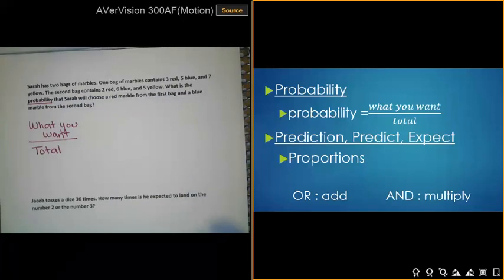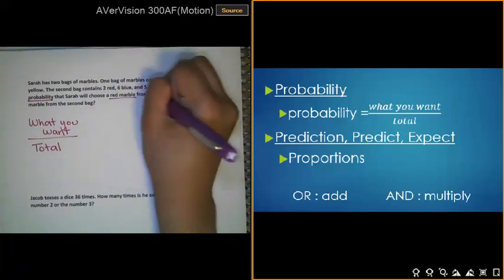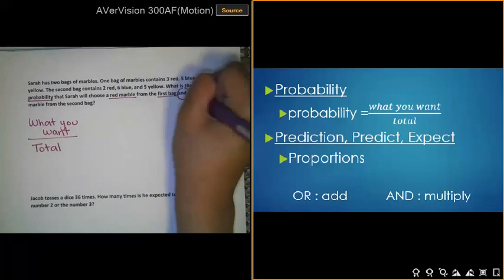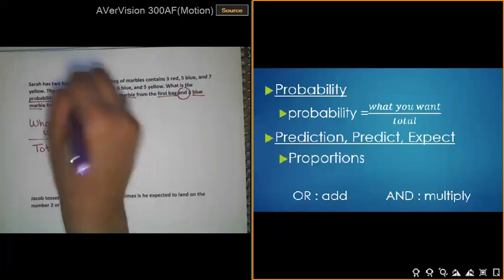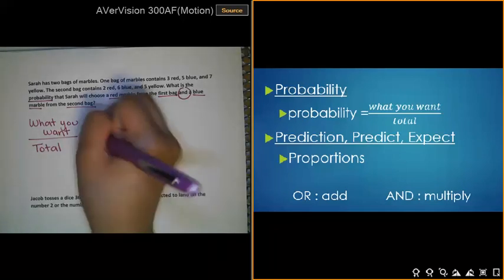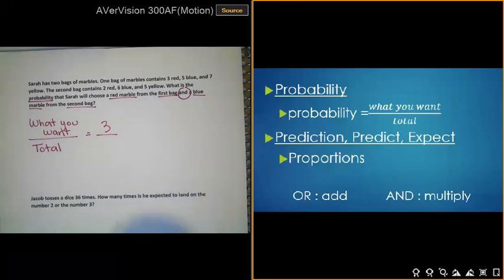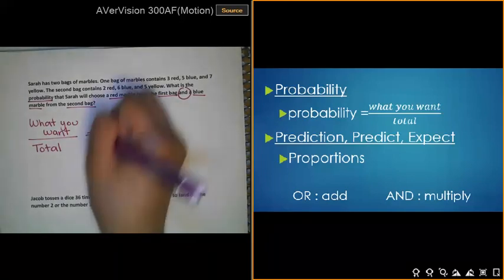Next keyword is going to tell me what I'm looking for. I'm looking for a red marble from the first bag and a blue marble from the second bag. So from the first bag, the probability of getting red is going to be 3 out of the total amount for the first bag, which is 15.